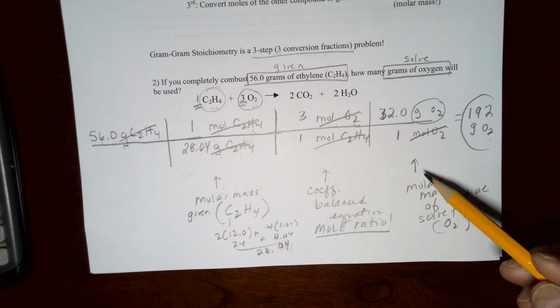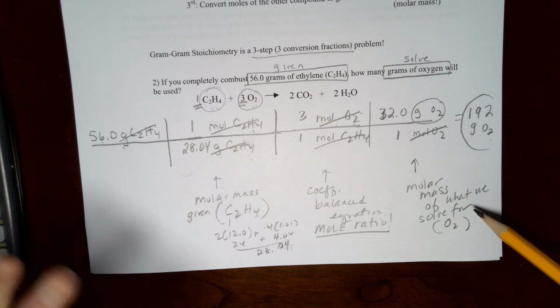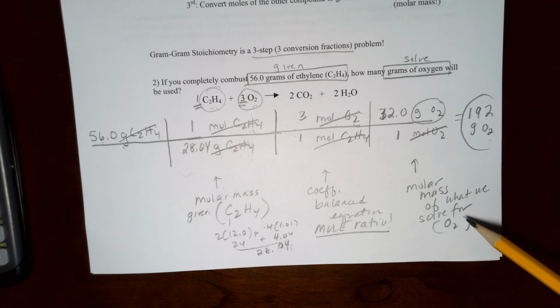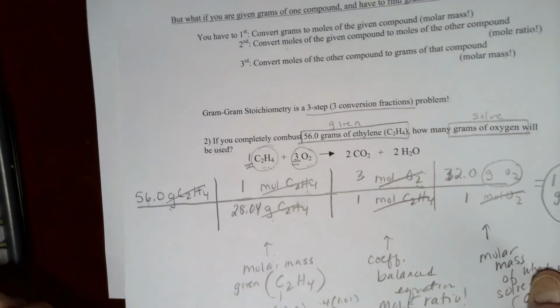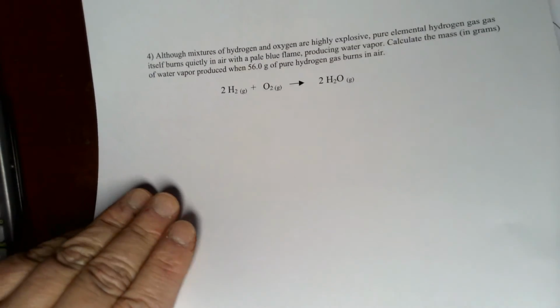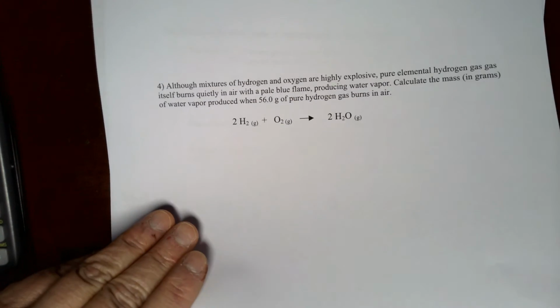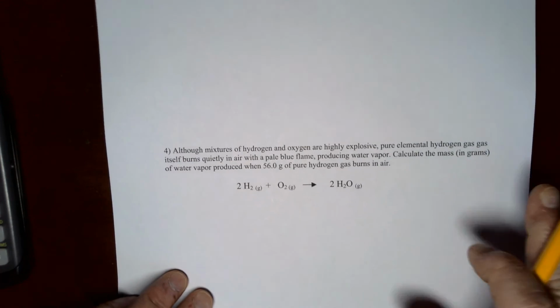And the last fraction is where you use the molar mass of the substance you are solving for. So that's how you do gram to gram stoichiometry. Let's knock out a couple of problems here to cement this.